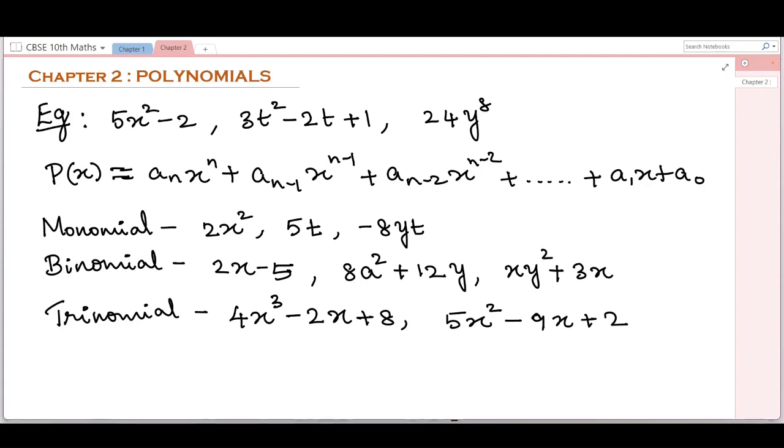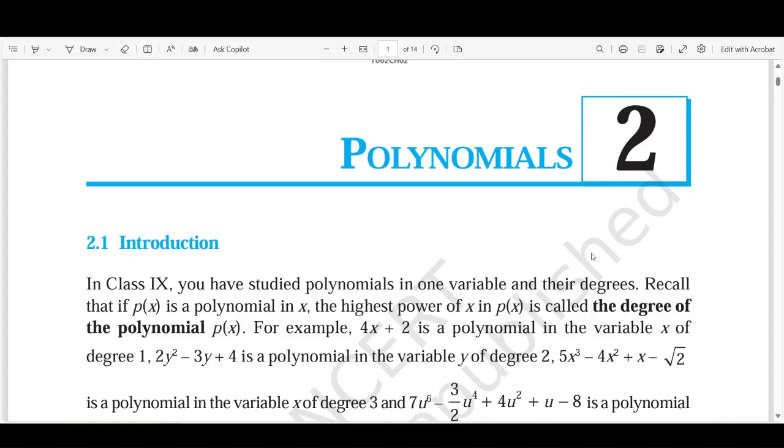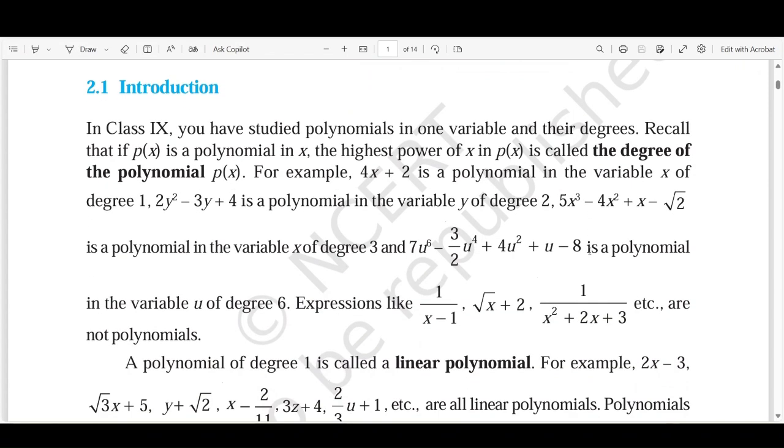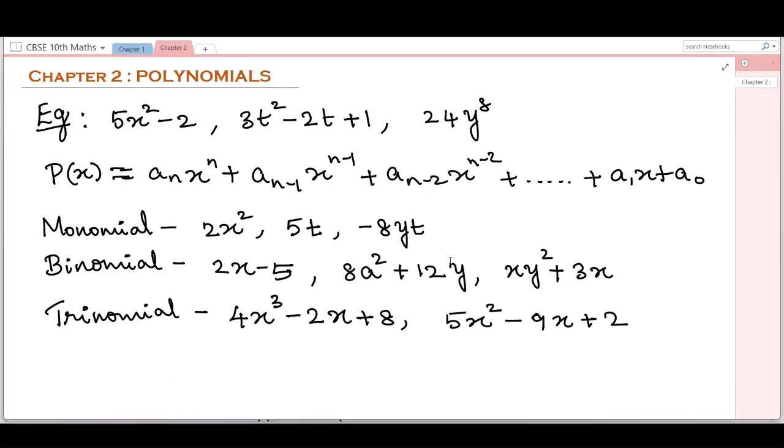Right? So the next idea that we are going to discuss is degree of a polynomial. Degree of a polynomial is defined to be the highest power of the variable x in the polynomial. For example, if you take this, here the highest power involved is 2.